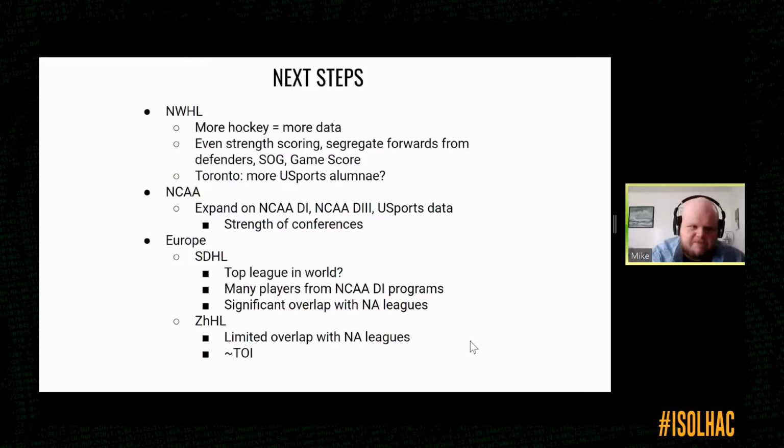But it's something, right? We're getting closer to developing another tool here. And even in this still, I'm not sure if I would call it rough and preliminary, maybe rough. So that's what I'll call these, rough translation factors for now. And we can test how useful they are in the upcoming NWHL season. And hopefully, like I said before, the more hockey we have, the more data we have to work with.